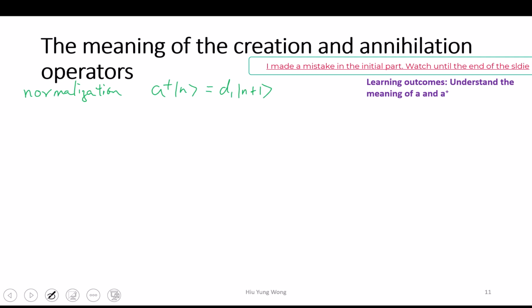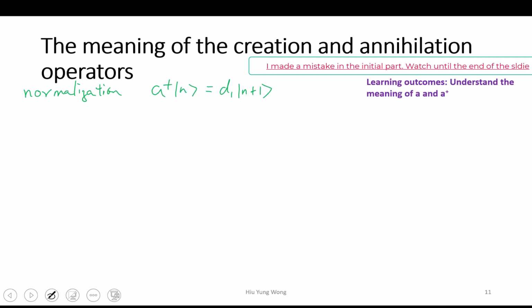Okay? But any vector needs to be normalized, right? Because you remember the vector in the Hilbert space, or in quantum computing, in quantum mechanics, you need to have a unit length of 1, right? So how do I find the length of the vector again? The square of the length. Use what? Dot product, inner product, right?